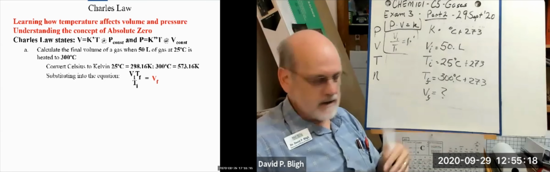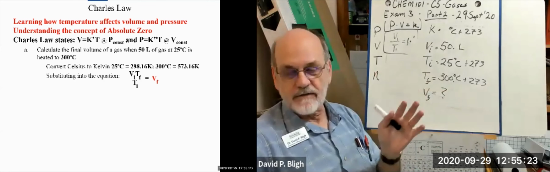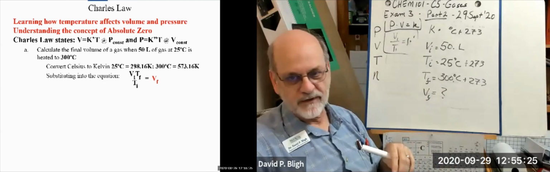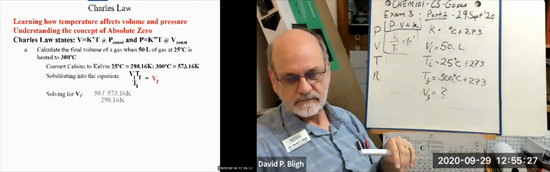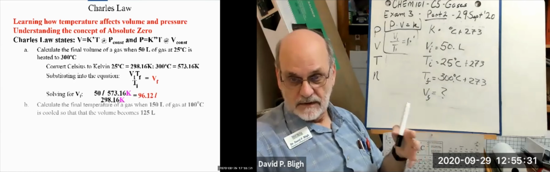You can do it that way, or you can write the formula before and after, fill in the values, and solve for the unknown. Either way is fine. Then this solution gives us 96 liters.